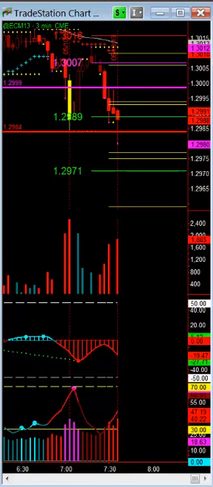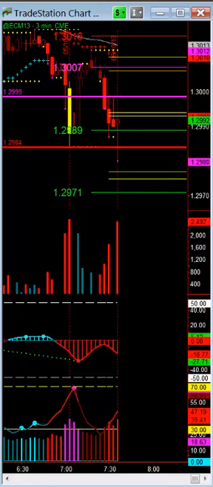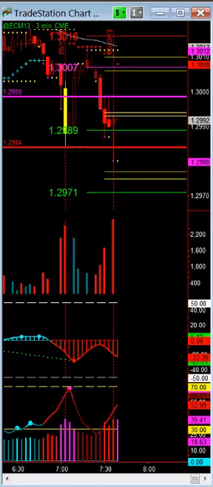We have about another minute left in that bar, I think. Okay, we did not have diverging volume, but I have lowered my stop.